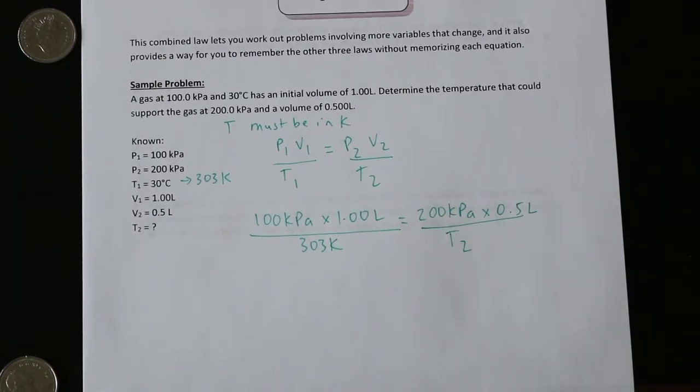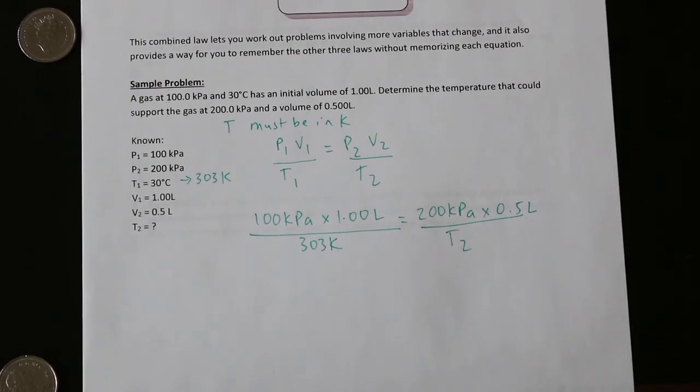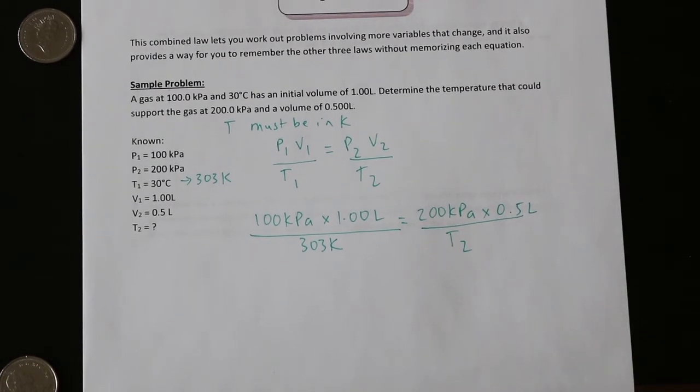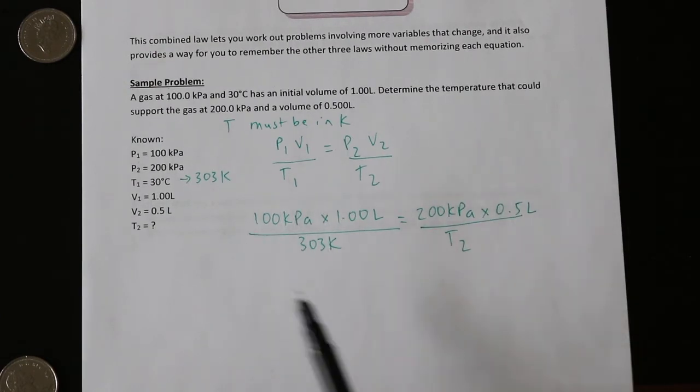Okay. So again, we also need to make sure that all of the units correlate. So both of our pressures were given in kilopascals and both of our volumes were given in liters. All of the values always have to have the same units. So we don't have to do any conversions in this case because they all match. Okay, so we need to get T2 by itself. So hopefully you remember from some of our other videos, we can do a math trick where we just switch T2 and this entire thing on the left hand side around.